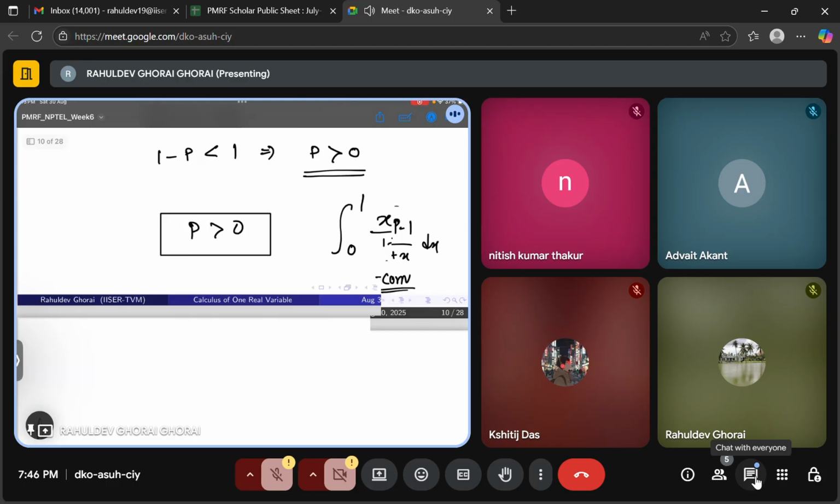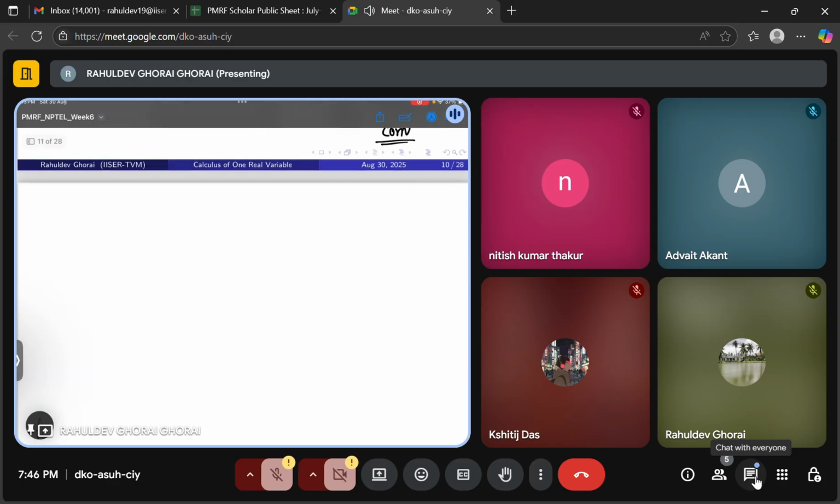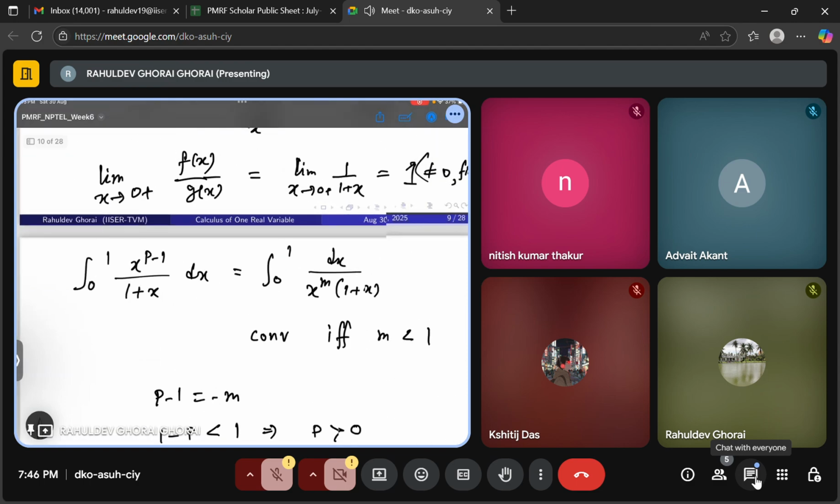So there is one question which might be difficult for you, but similar. This is a similar technique. It's the comparison principle.